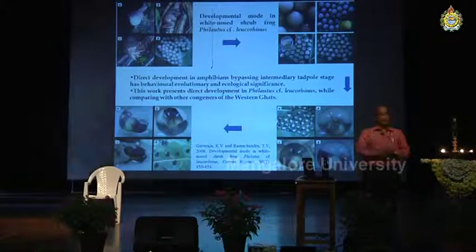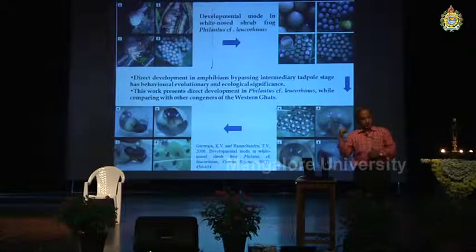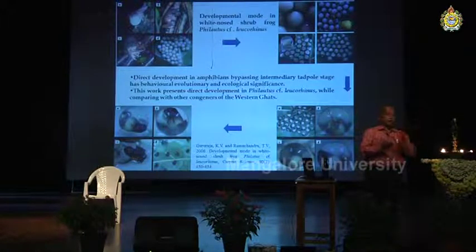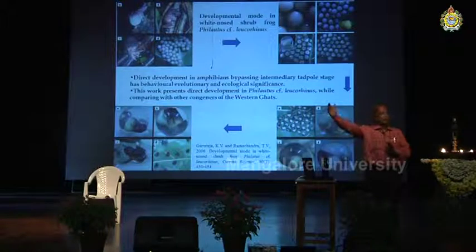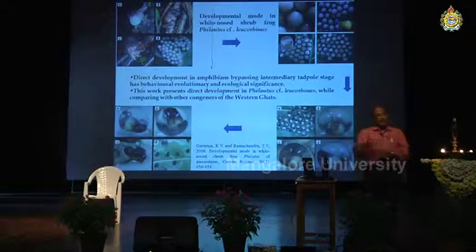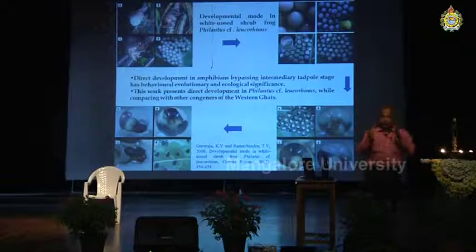Because of that dual life we call them amphibians. Now this particular frog bypasses the tadpole stage. That means this fellow must have faced a water crisis, and that's where it learned how to continue the progeny. Bypassing the tadpole stage is an indication of water scarcity, and this is what this animal has learned, how to adapt to the newer situation.